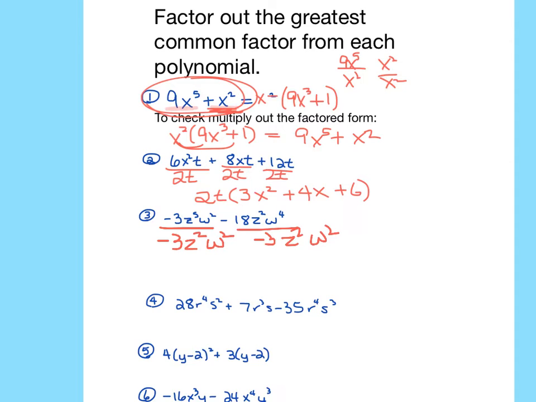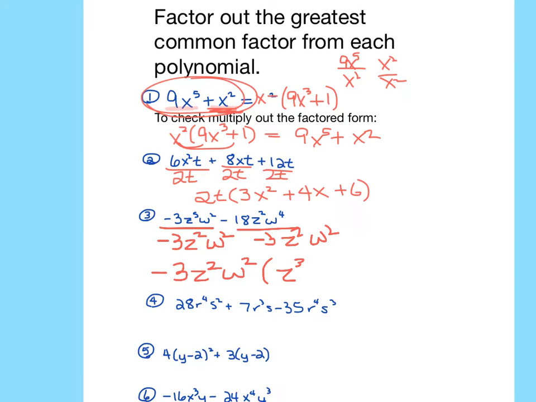And now I'm going to divide it. So I'm going to write the greatest common factor on the outside of the parentheses, and inside the parentheses are going to be the result of my division. So negative 3 divided by negative 3 is 1. I don't need to write the 1. And then when you divide exponents, we're going to subtract them. So z to the 5th divided by z squared, I subtract them, and I'm going to get z to the 3rd power.